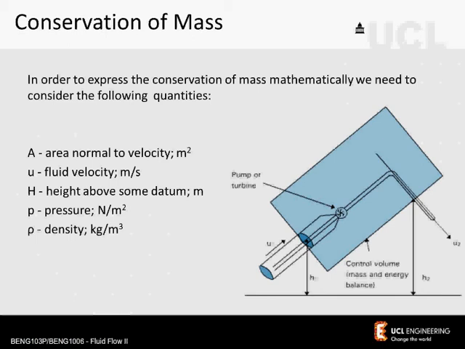Those are the area normal to the velocity, so the cross-sectional area of the pipe, the fluid velocity in meters per second, h, the height above some datum or reference point, p, the pressure on the fluid in newtons per meter squared, and rho, the density in kilograms per meter cubed. And we need to think about these at two different points, the inlet and the outlet of the system.